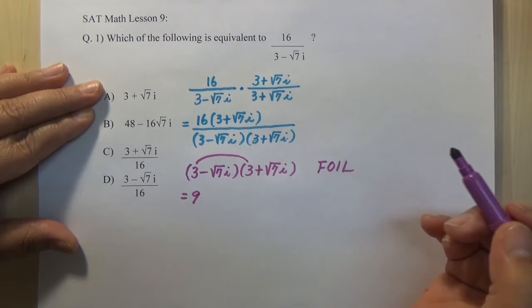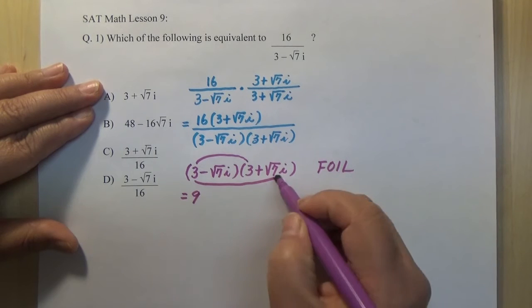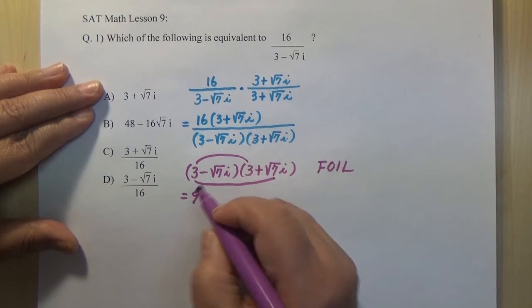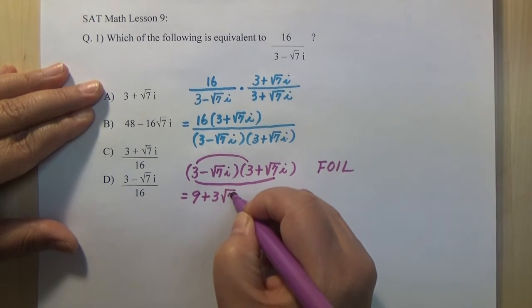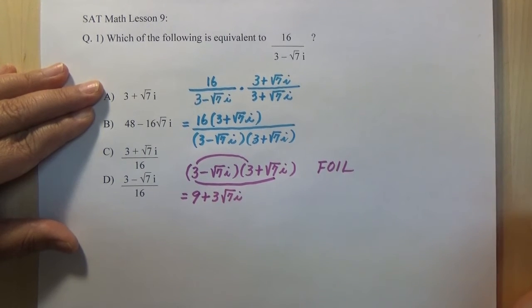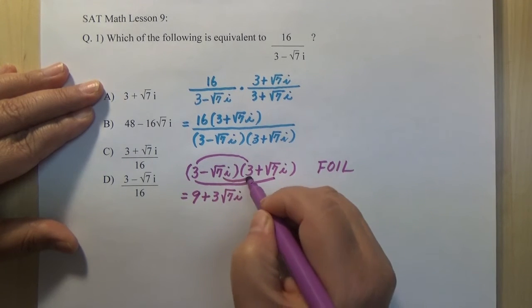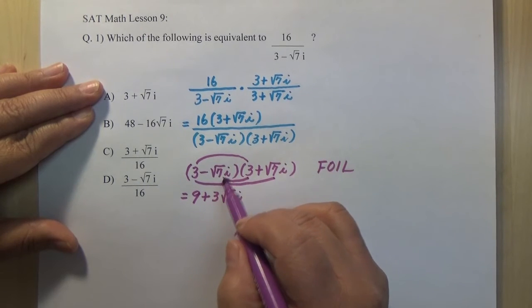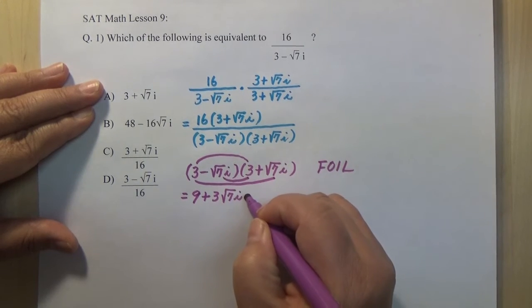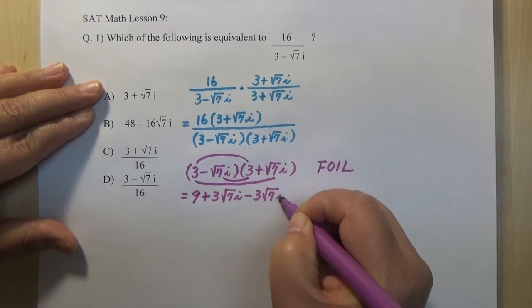Next one is outer parts, 3 times square root of 7i, which is positive 3 square root of 7i. And next, inner parts here, negative square root of 7i times 3, which is negative 3 square root of 7i.